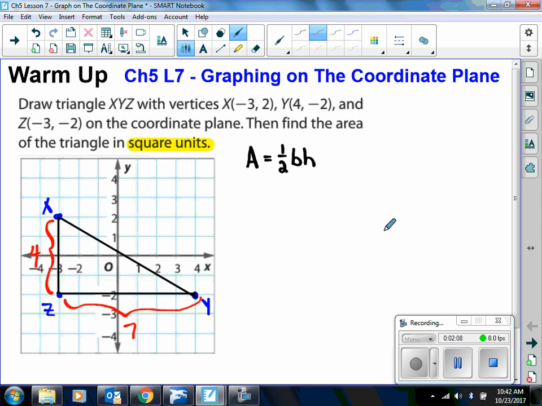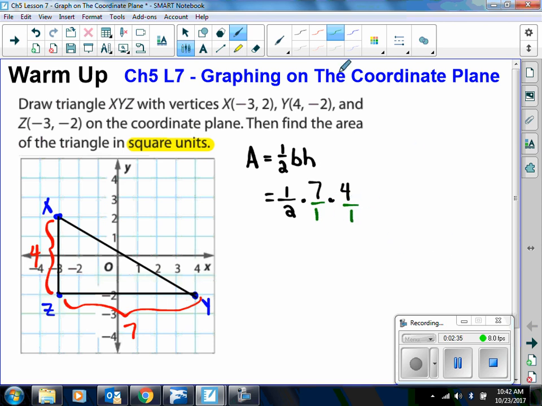Is everybody with me? So now we just substitute in. The area is equal to 1/2 times the base, which is 7, times the height, which is 4. And now we just multiply straight across. Here we can put these over 1, just so you can see you're just multiplying fractions, right?